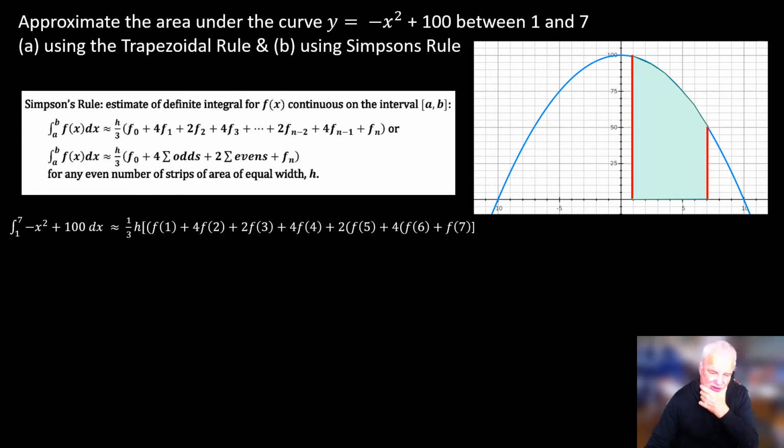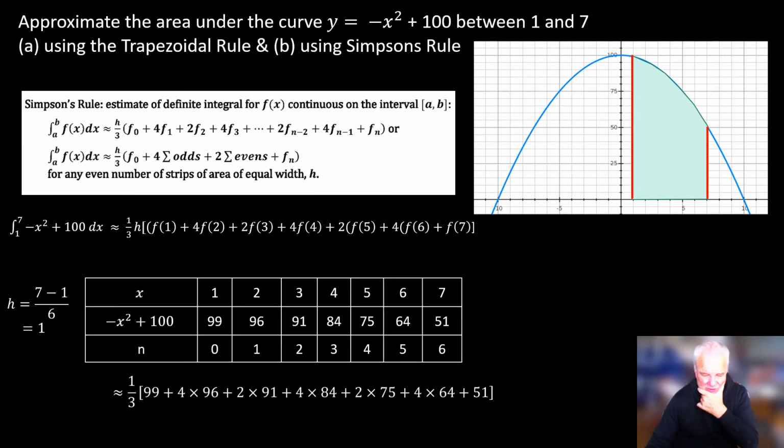And h is still the same, worked out there, b minus a over n, in the same table, but with the values rearranged differently. I've written it out the long way, so it's the 4 2 4 2 4 2 sort of pattern that's being followed.